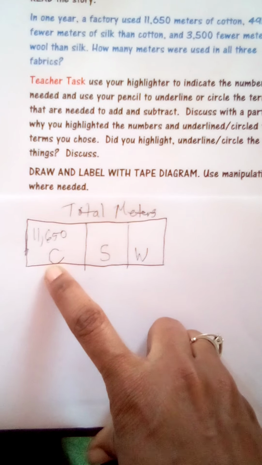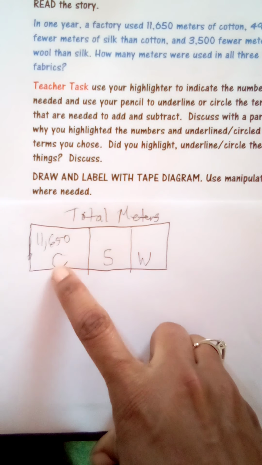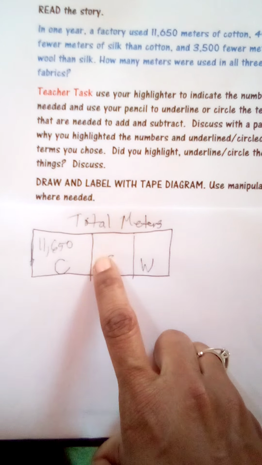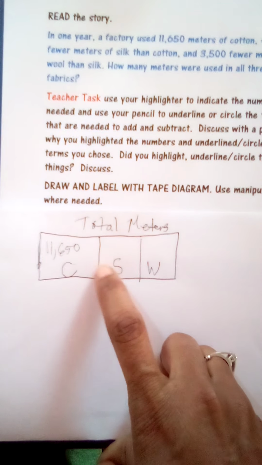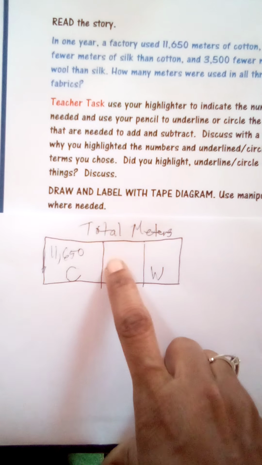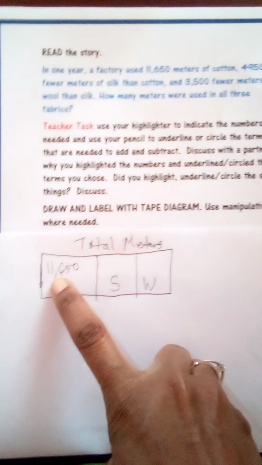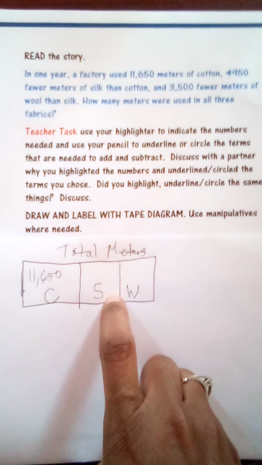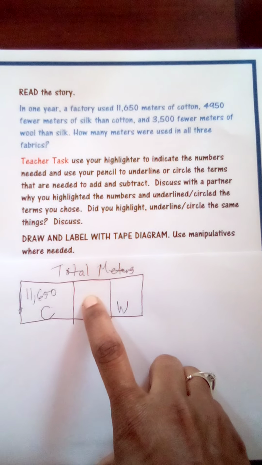And I labeled with C, S, W. I put the letters on the inside, especially for S for silk and W for wool, just to show what each part was, since there was no number for them. But cotton we knew, 11,650. So now we know silk is 6,700. We would put that number right here in this rectangle.